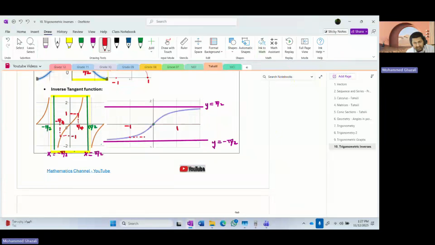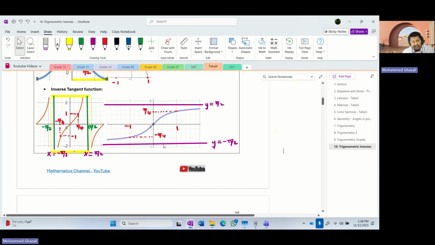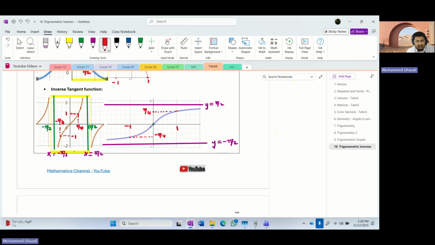And at negative 1, this value is negative pi by 4. And this value will give me pi by 4. So we should move this higher up, trying to make it symmetrical. All right. So this is the tan inverse function and this is the tan graph.